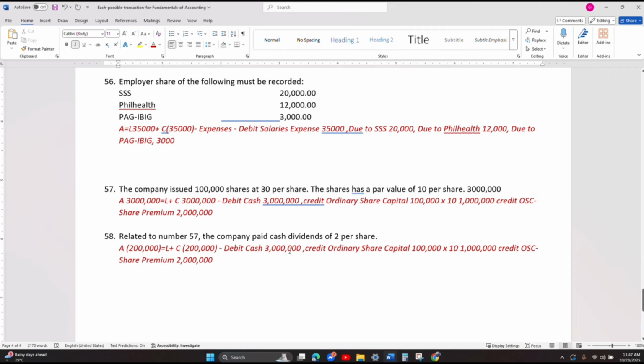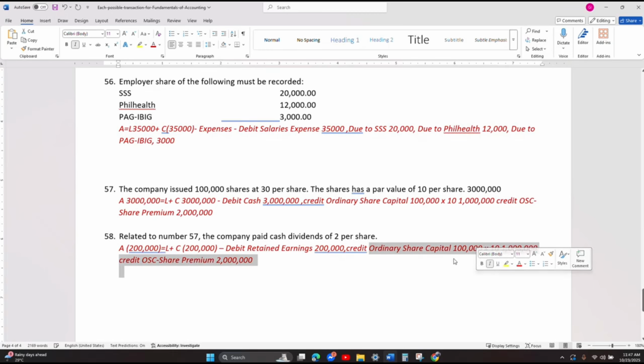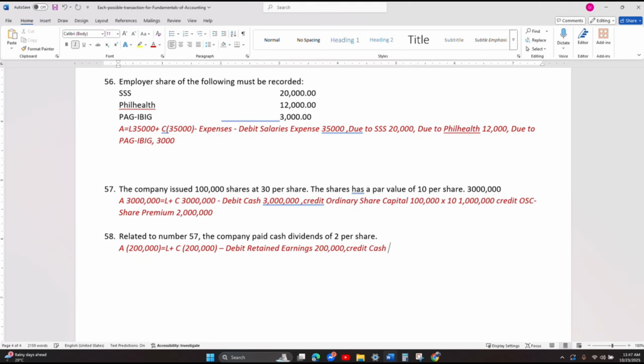The question is, what is the entry? In the corporation, the entry would be debit retained earnings. So this is another account. Instead of using withdrawal, retained earnings, 200,000. And then credit cash, 200,000.